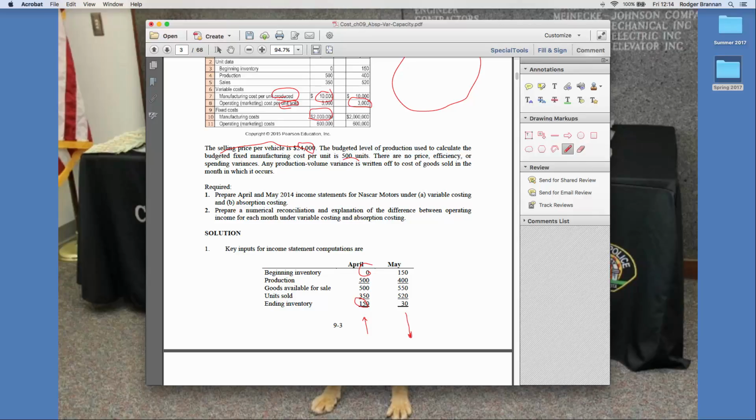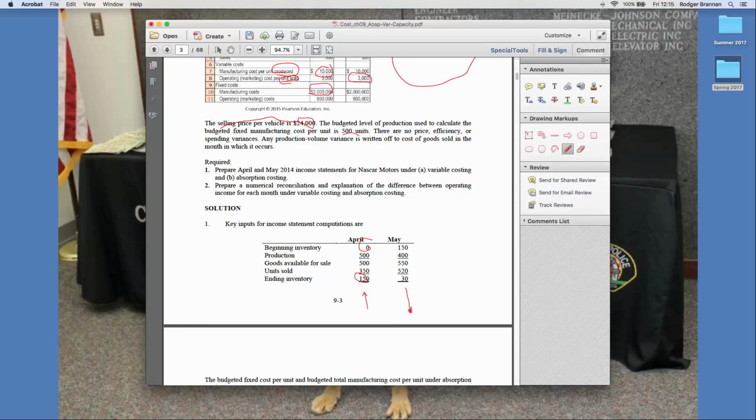Let me repeat that one more time. When inventories increase, as they do in April, absorption costing will have higher operating income than variable costing. When inventories decrease, as they do in May, then absorption costing will have lower income than variable costing, generally speaking.